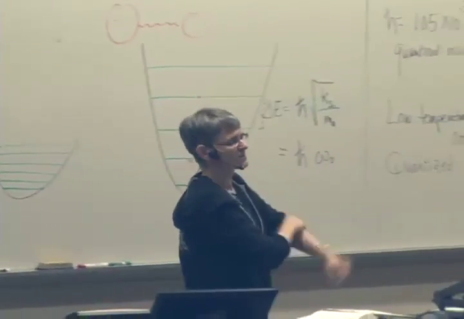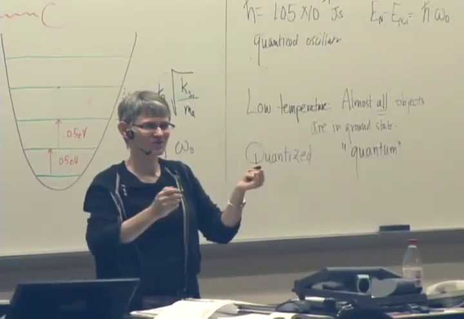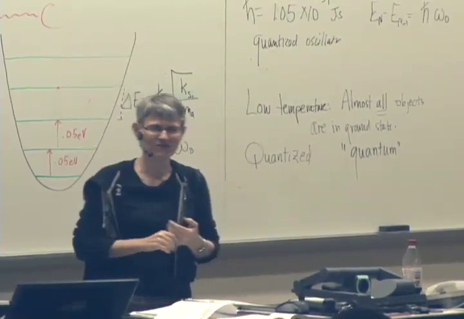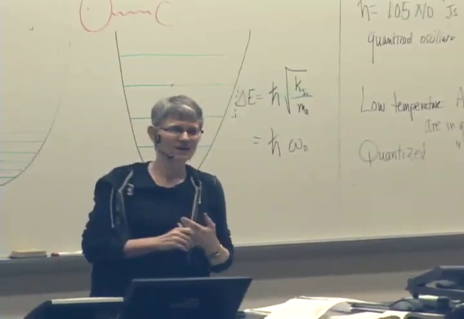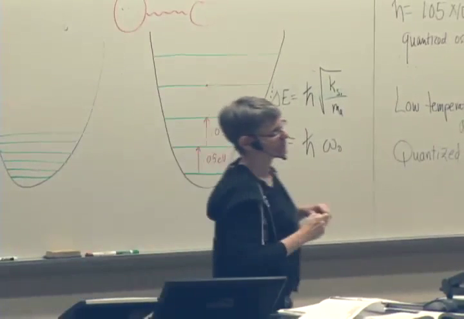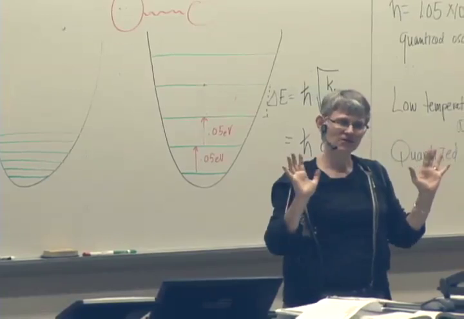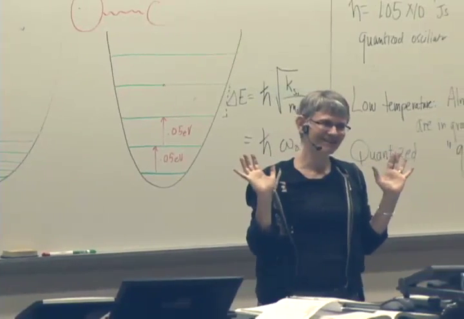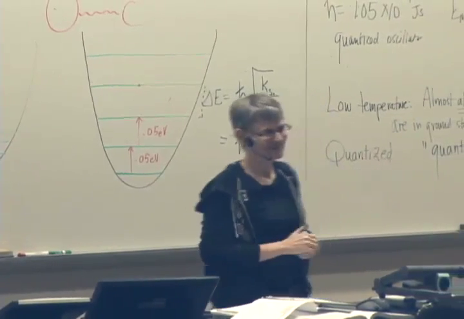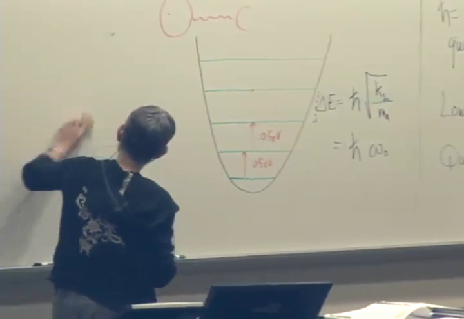Now, it turns out that it's not just the electron nucleus system that has quantized energy levels, and it's not just vibration. What else could a diatomic molecule do besides vibrate? It could rotate. And it turns out that the rotational energy also has discrete, separate energy levels.